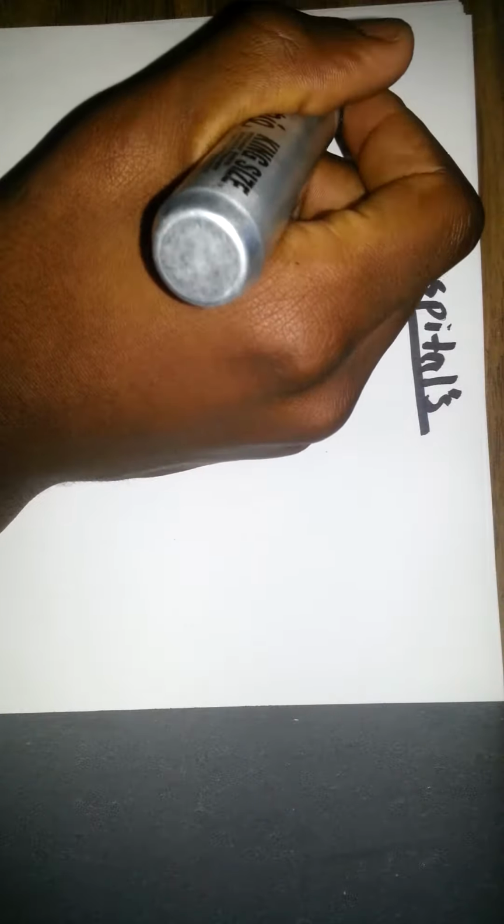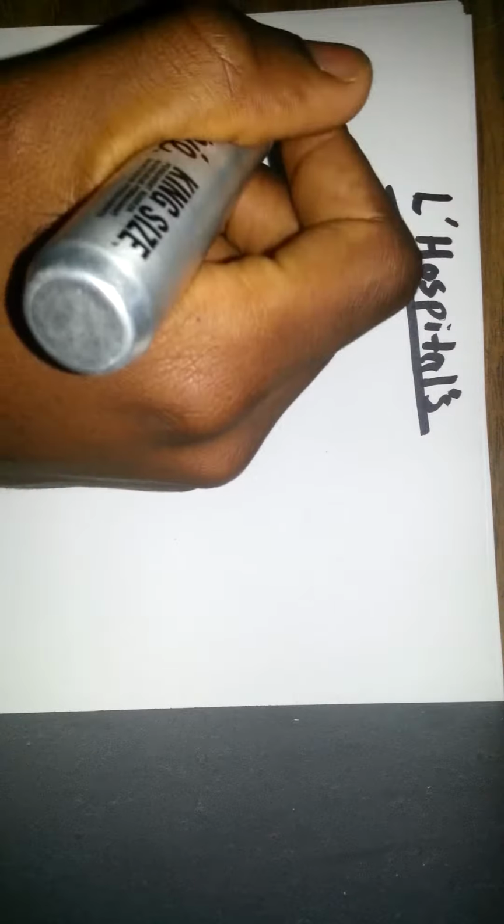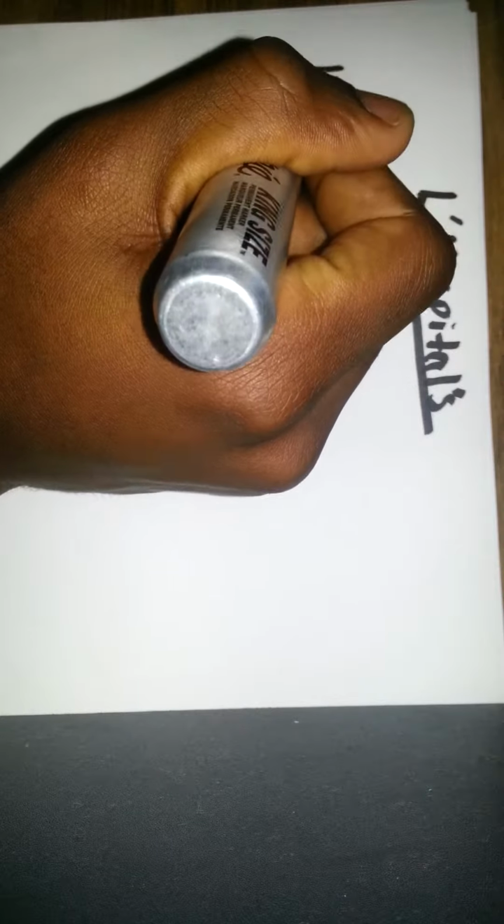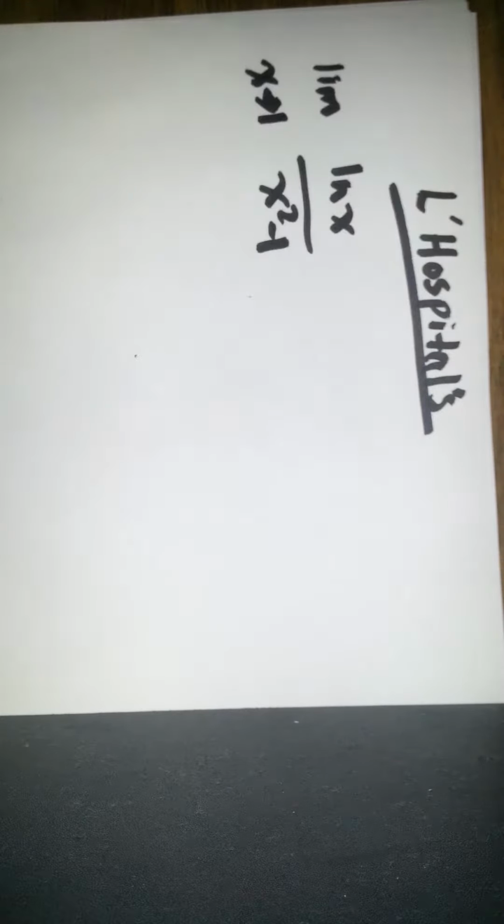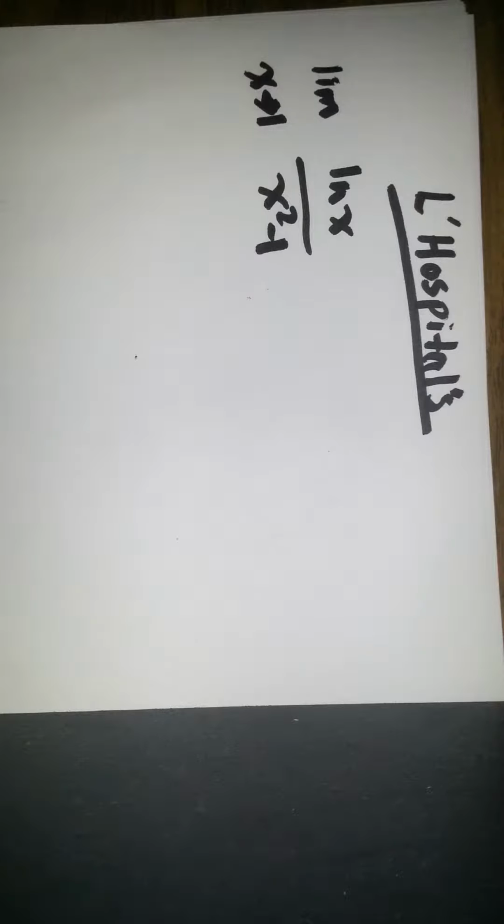So as I would say, a verbal explanation isn't enough, so I should go ahead and apply L'Hopital's rule to a problem. Let's say the question asks you to find the limit of ln x over x squared minus 1 as x approaches 1. As you know, when you're taking the limit, you'll just plug in 1 for x.